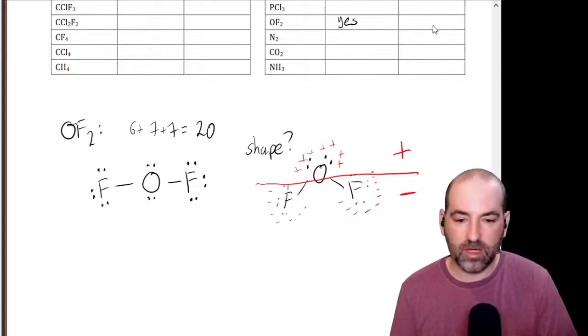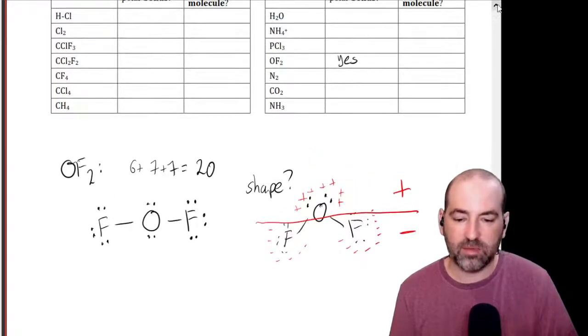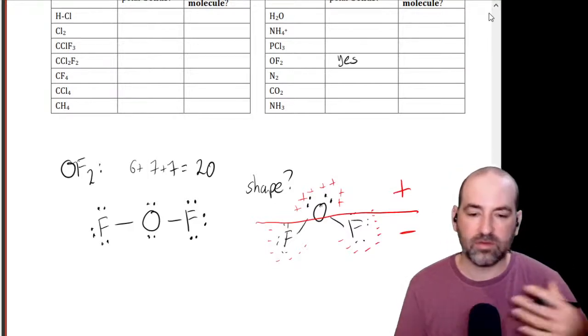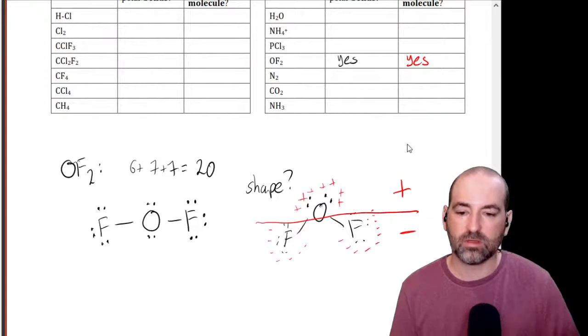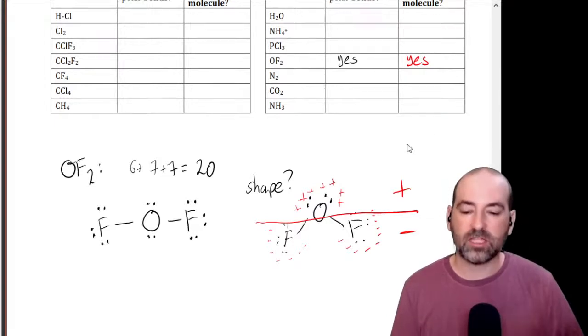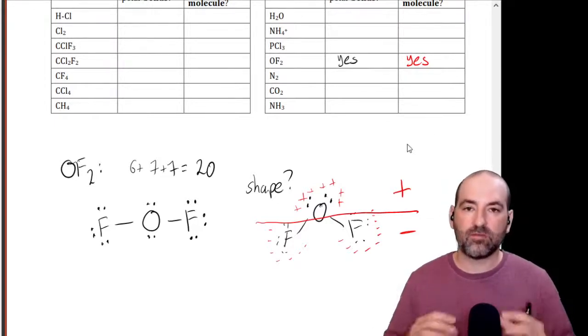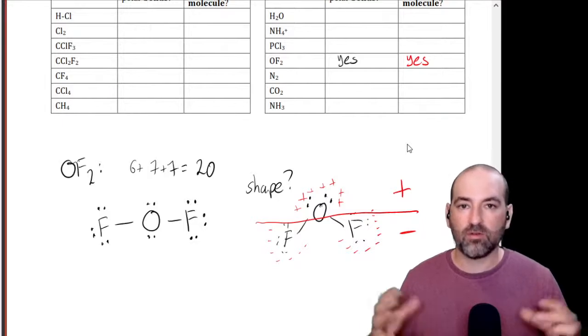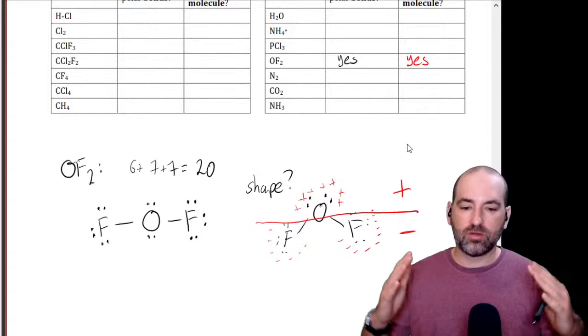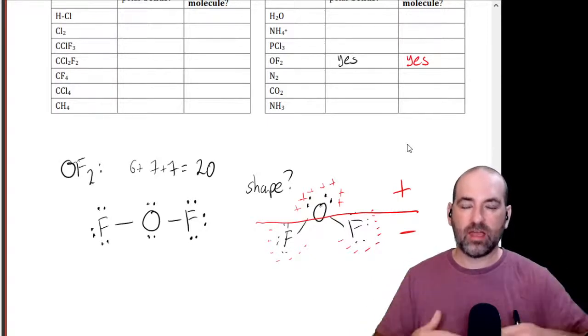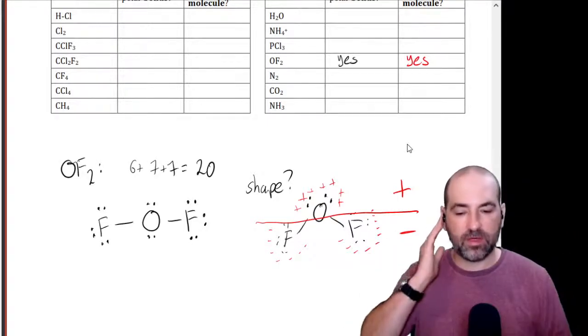And so that very much is polar. If you have that separation where one side of the molecule is positive and the other side is negative, we can call that a polar molecule. That's why the shape is so important. If we stuck with a linear shape, we would say that overall this is nonpolar. The 2 sides cancel each other out. But as soon as it bends, now we have the negative side and the positive side, and that becomes polar.